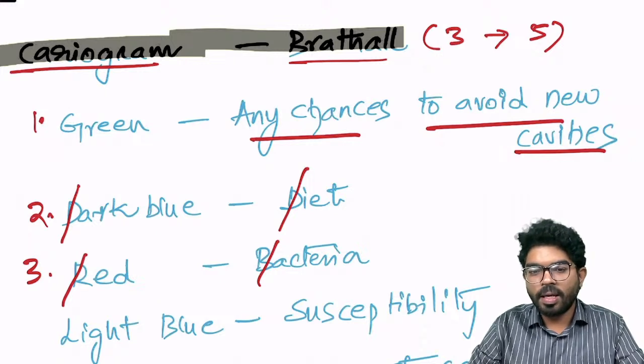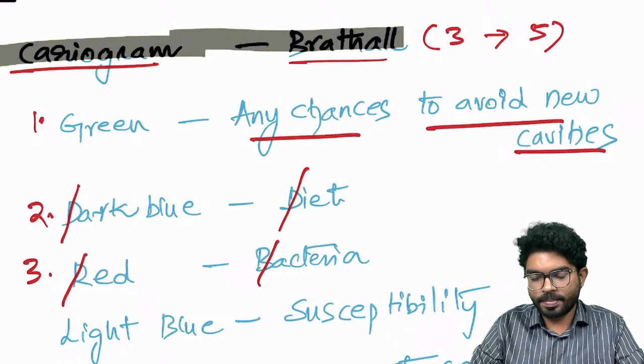Okay, now tell me, what is Keyes triad? Cariogram is 5-factor.